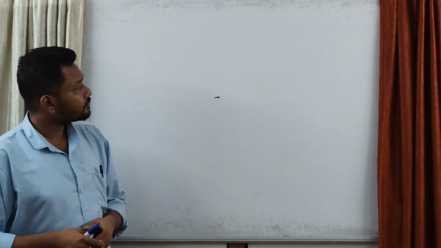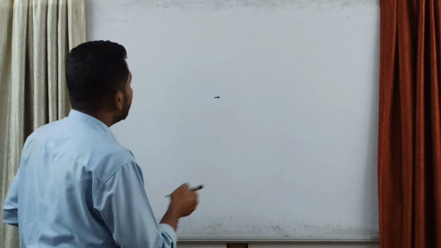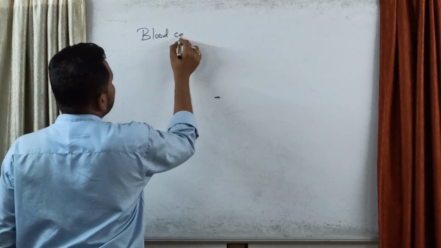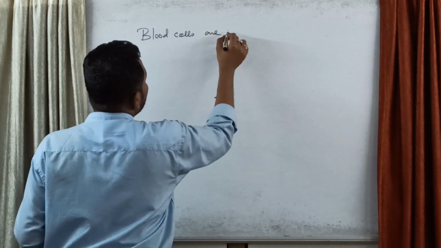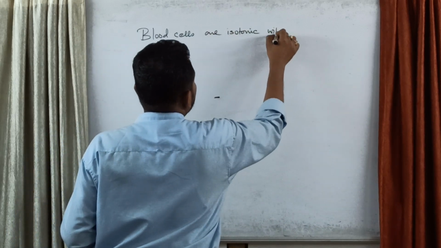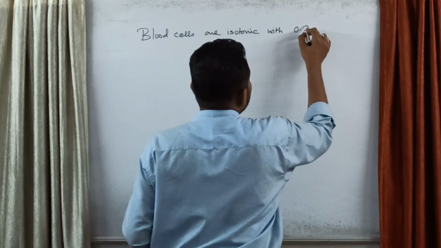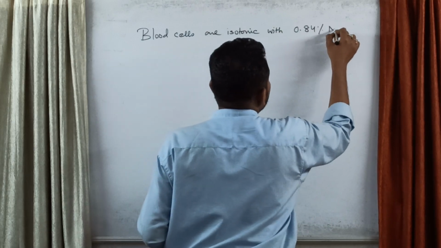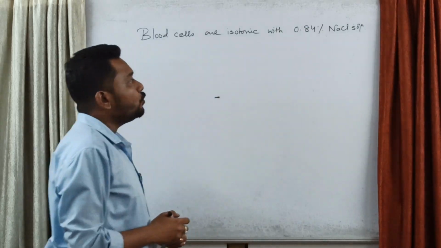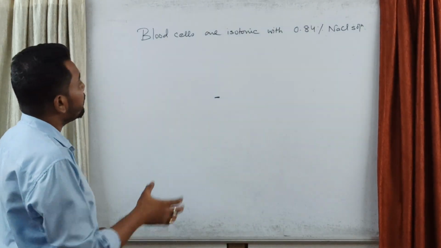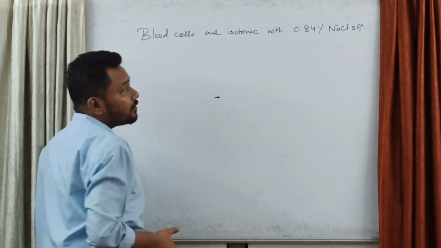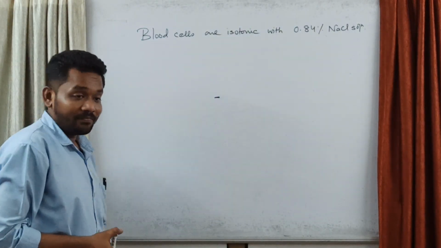So write down: blood cells are isotonic with 0.84% NaCl solution. Just try to think. Isotonic means when two solutions exert the same osmotic pressure. That means the osmotic pressure of the blood cell and the 0.84% NaCl solution are both the same.